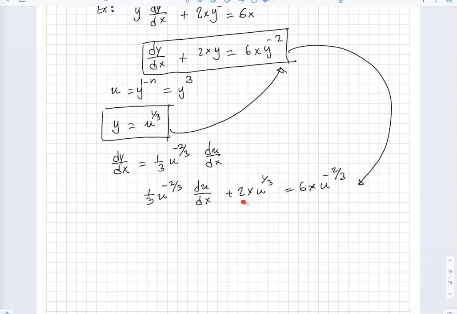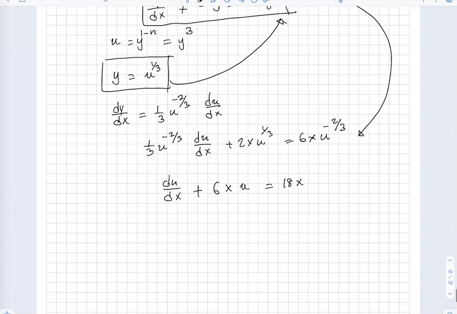So divide this term by 1/3 u to the minus 2/3, and divide this term by 1/3 u to the minus 2/3.